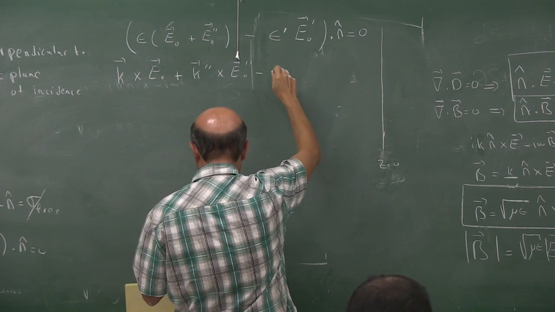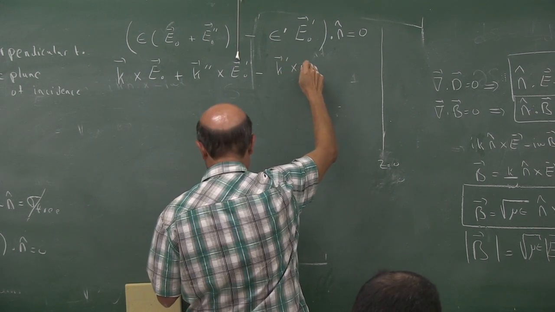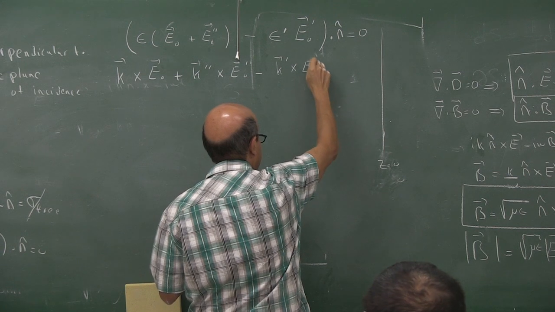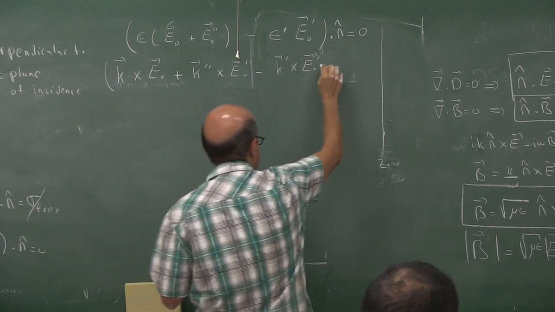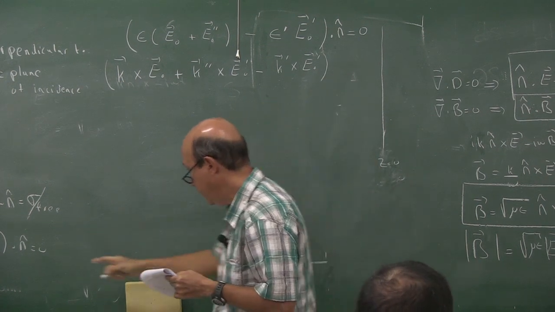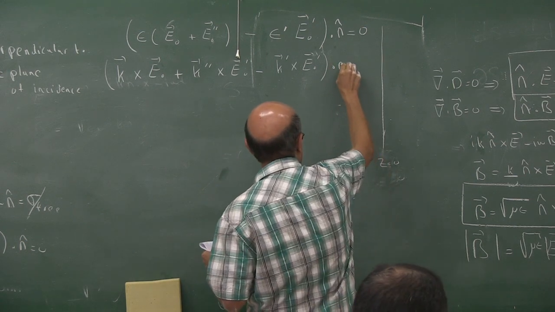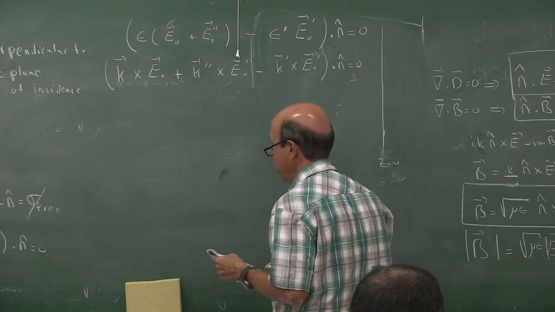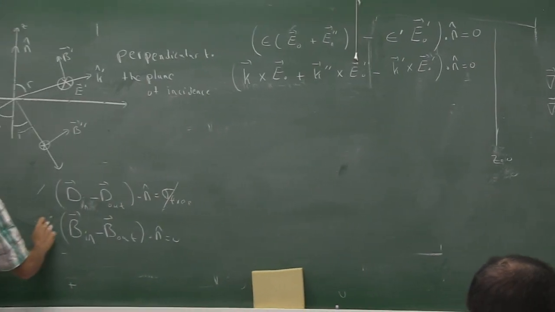For the refracted one, K prime cross E0 prime for the magnetic field for the refracted wave. So in order to obtain the normal component, again I should take the dot product with the normal vector at the surface. That is the other boundary condition, this second one. This is the first, this is the second.